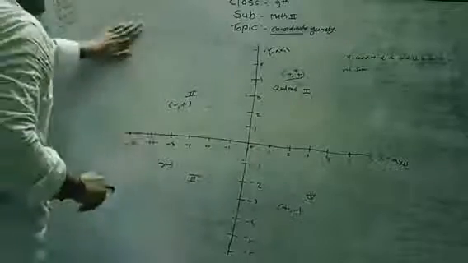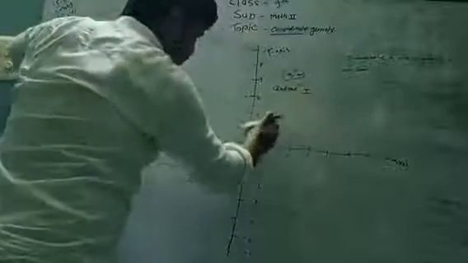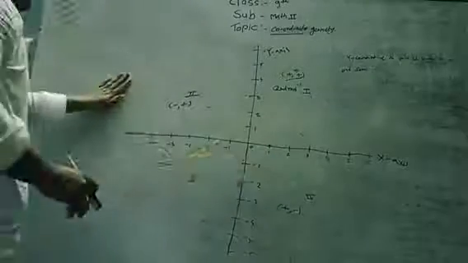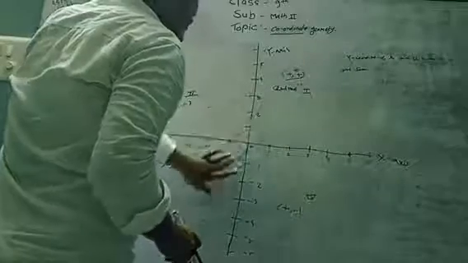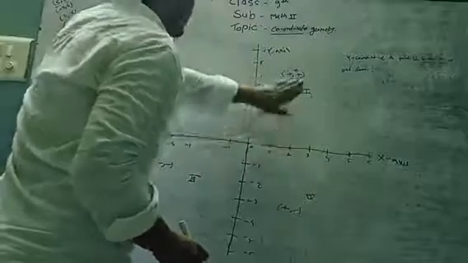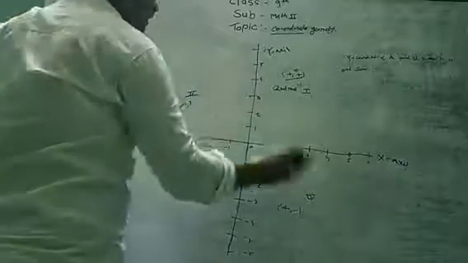Now the quadrants. What is a quadrant? The four parts made by the x-axis and the y-axis of a single plane. Means the x-axis and the y-axis cut the single plane into four parts, which are quadrants 1, 2, 3 and 4. Every quadrant has a special sign convention. If the point lies in the first quadrant, then its x coordinate and y coordinate both are positive.